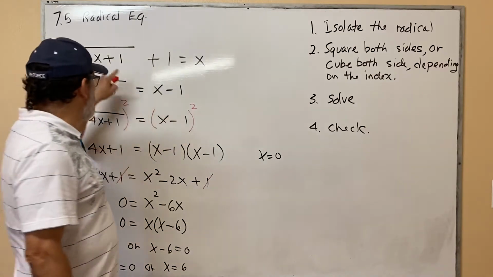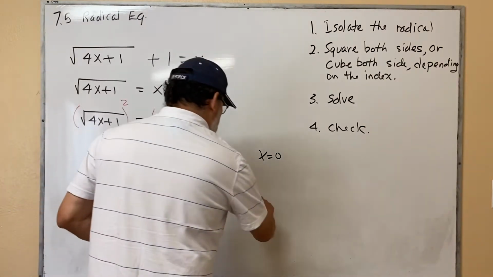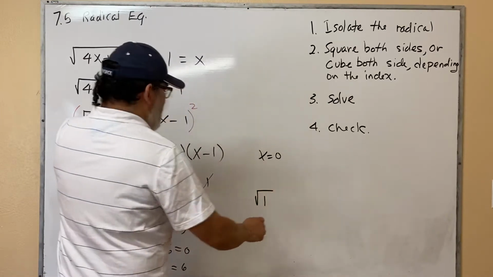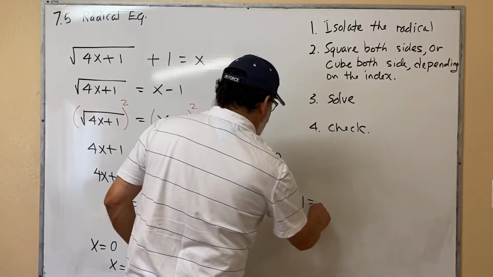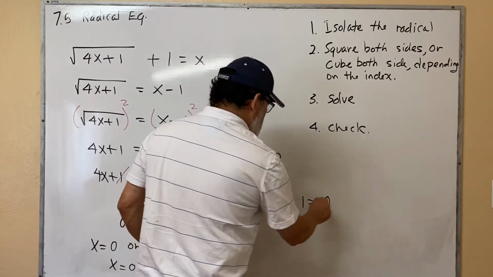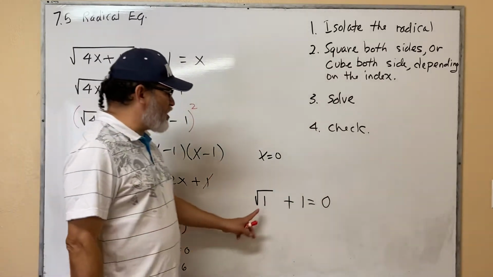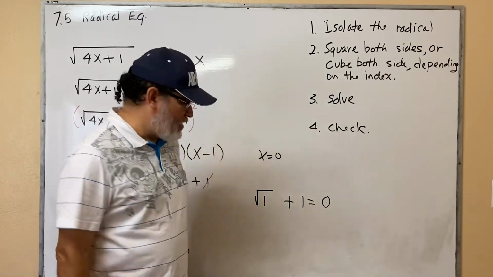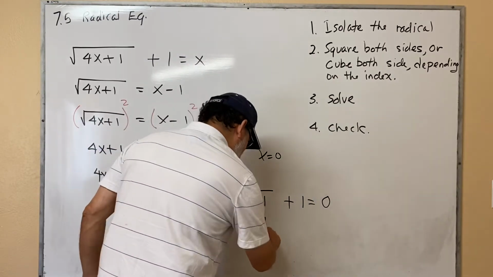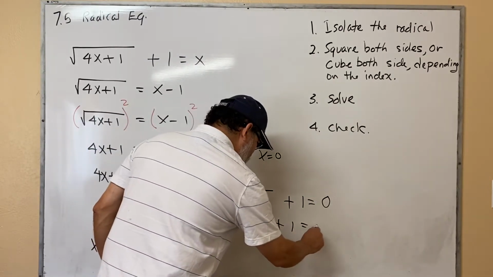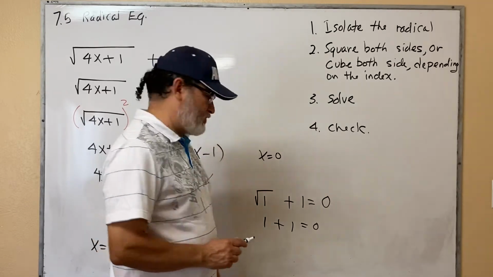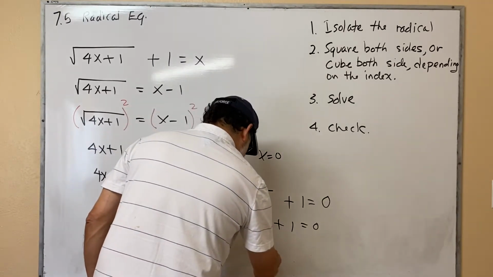So when x equals 0, this one is going to be the square root of 1 plus 1 equals 0. What is the square root of 1? 1. This is 1 plus 1 equals 0. Is that true or false? False.